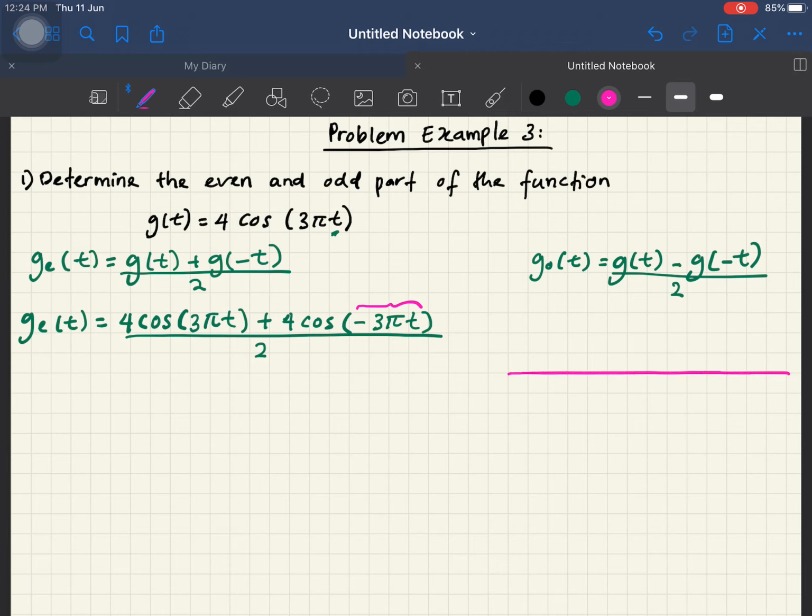The basic graph for a cosine function looks like this, going up, down and up again.